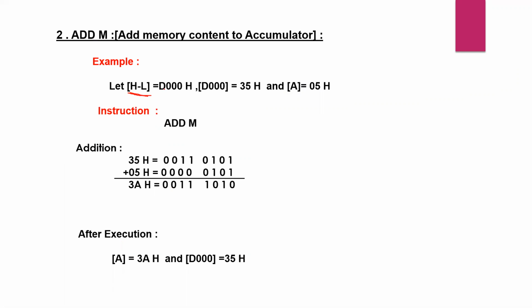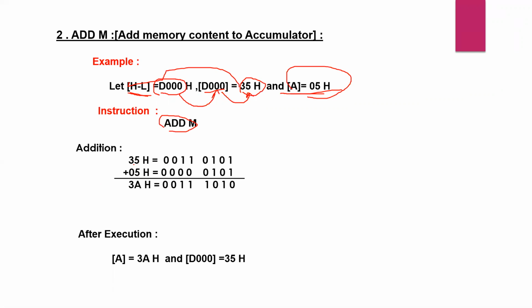For example, HL pair contains data D000H and D000H location contains data 35H and accumulator contains data 05H.